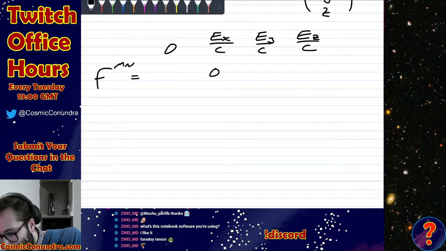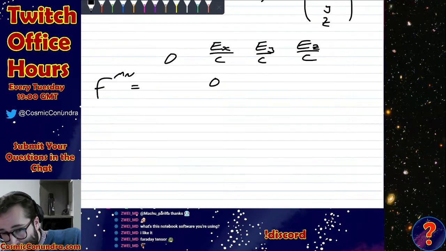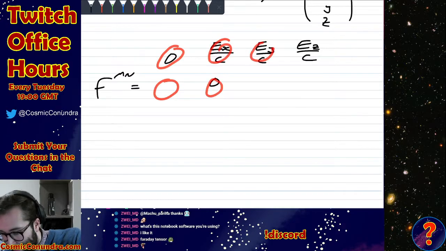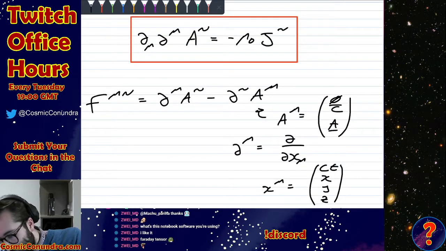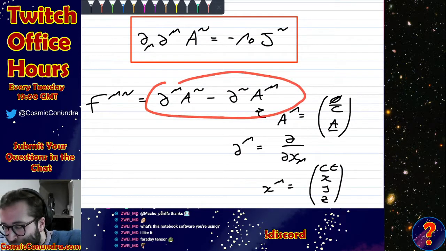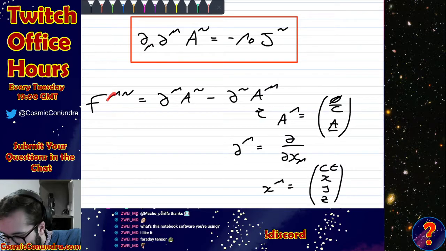You actually get zeros all along the diagonal, and to save you some time in computing this, rather than thinking, what will this element be, going through all of them, you can look back at the definition of the tensor and notice that it's manifestly antisymmetric. So if I swap mu and nu, I will always get minus what I started out with before.